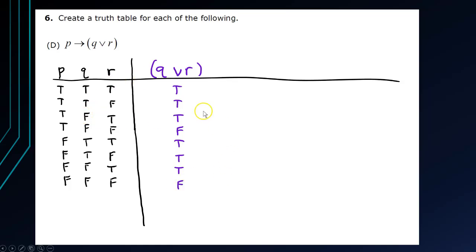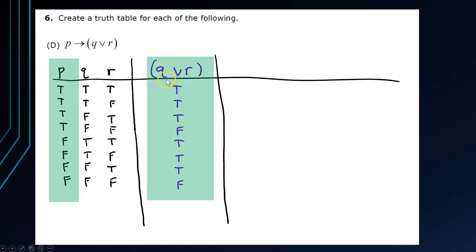Now I'm going to focus my attention on the first column where P is and this column where the Q disjunction with R occurs, because I want to figure out what this is. This is a conditional statement. So it's true as long as these are both true at the same time, or if P is false.